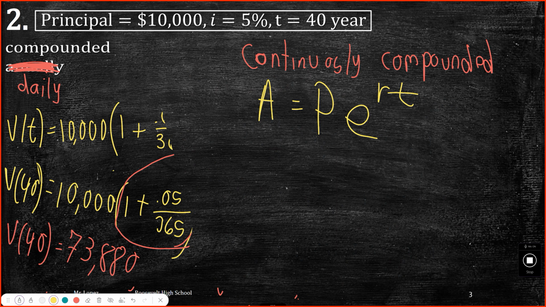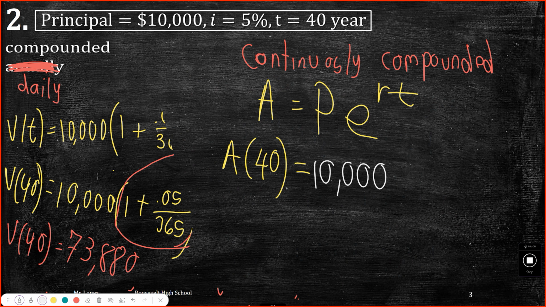So the amount of money you will get at the end of 40 years will equal to, P stands for the principal amount. So what do I put down for that? 10,000. E is just a number here. It's 2.71.